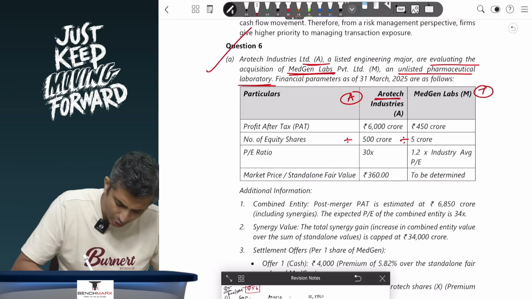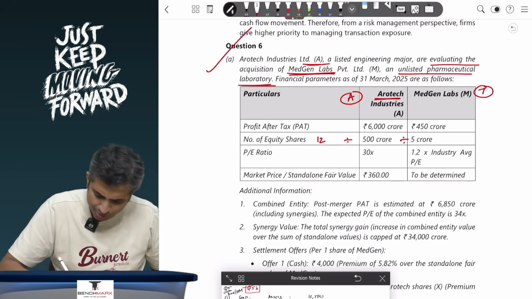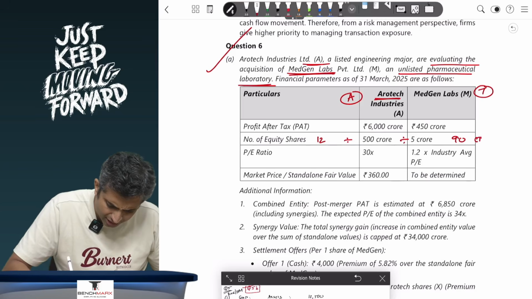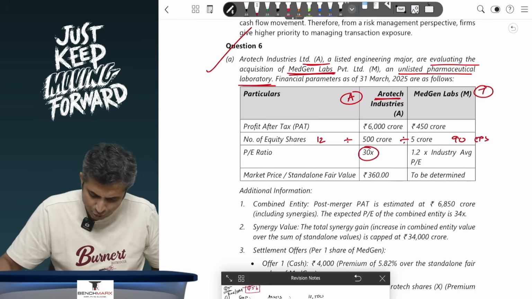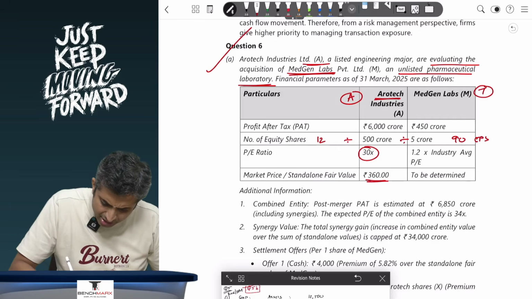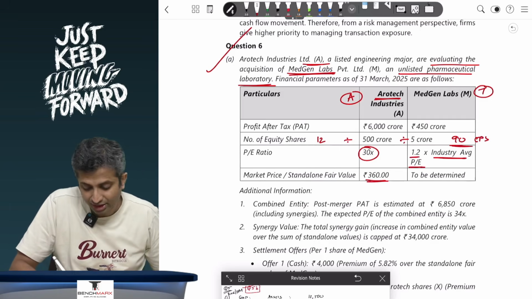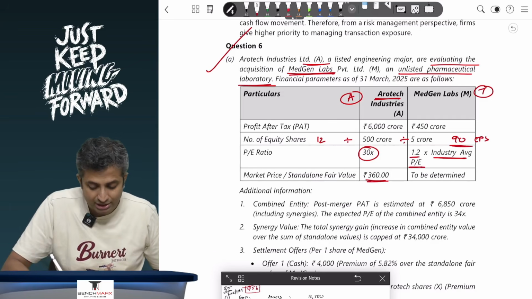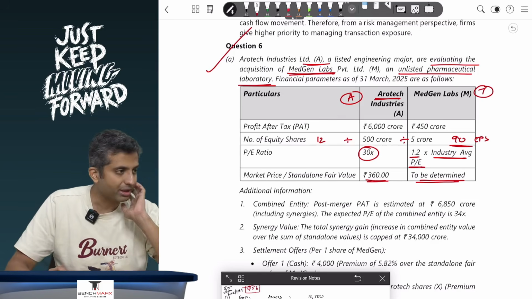Maybe 450 divided by 5, this comes to, let's say, 90. If required, this is the EPS. Now the PE ratio is 30, and hence if I look at 12 into 30, that comes to 360, which is a market price, and this is 90. But they say this is 1.2 times the industry average PE. So if you can somehow crack the industry average PE, then you can find the market price of the standalone fair value of MedGen Labs.